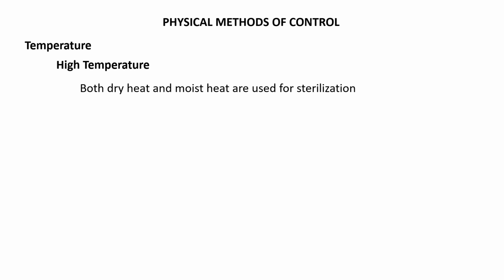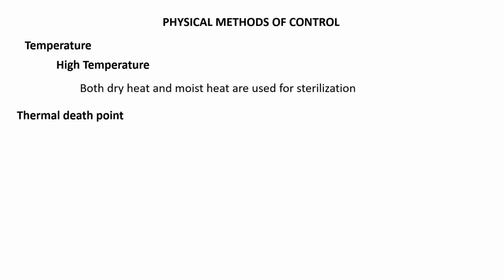When trying to develop an effective heat treatment for a food or culture medium, it is often necessary to quantitatively determine the rate of death. Initially, thermal death point was used to express this.